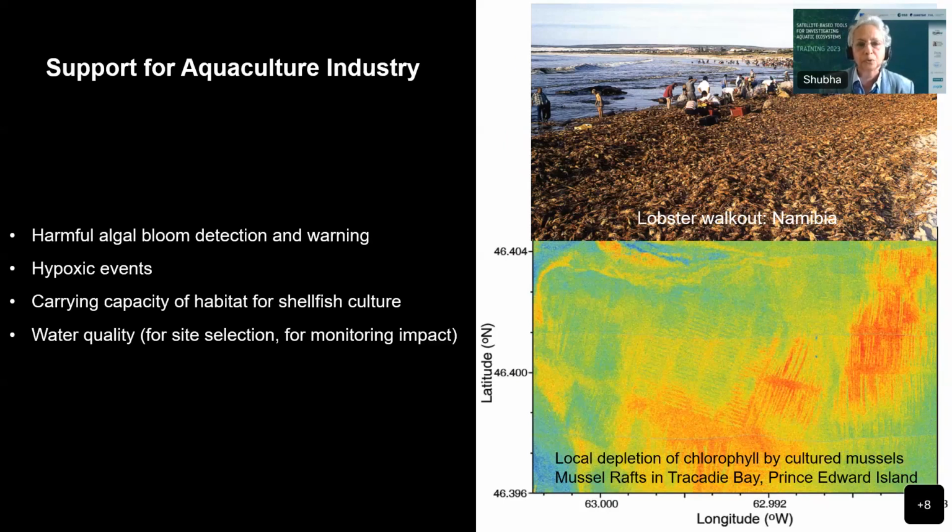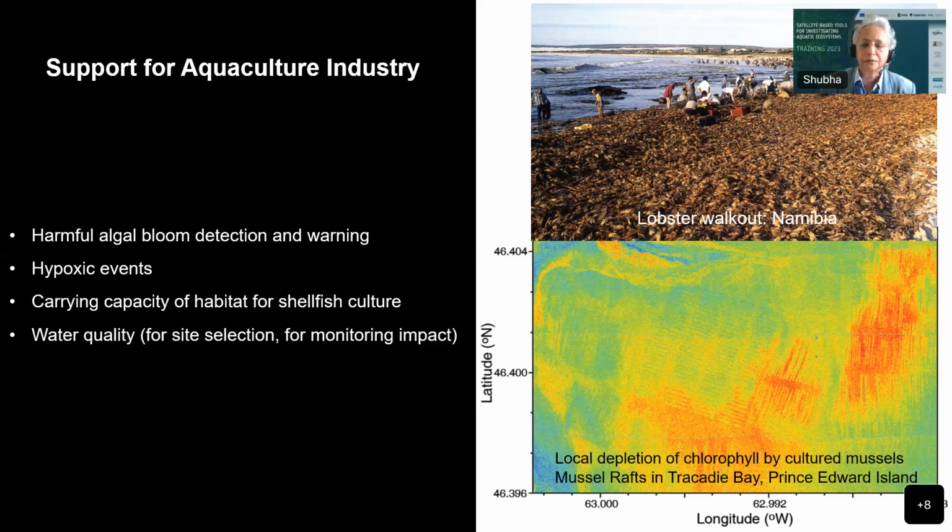So in support of aquaculture, you can use remote sensing in many ways, but some of them are listed here. They could be to detect harmful algal blooms and to provide warning to reduce loss from these events. It might be to predict hypoxic events.